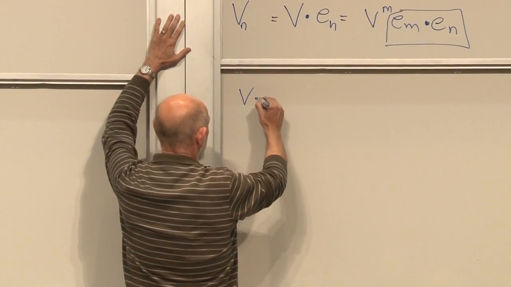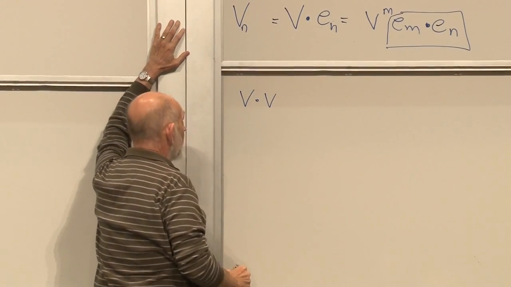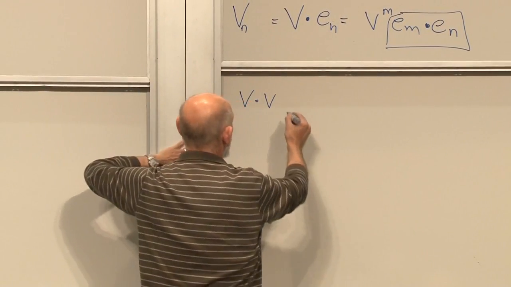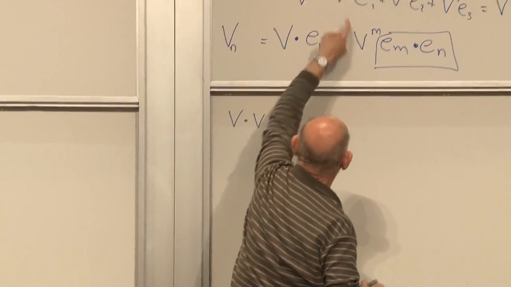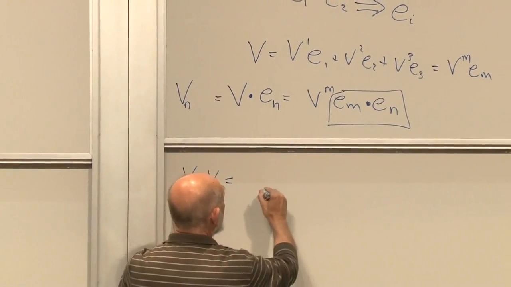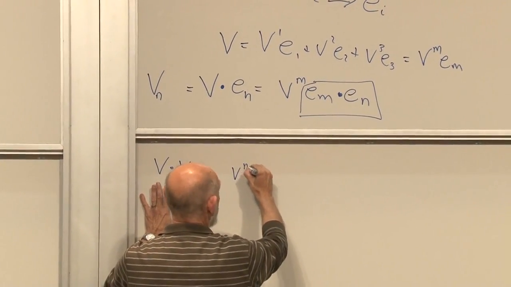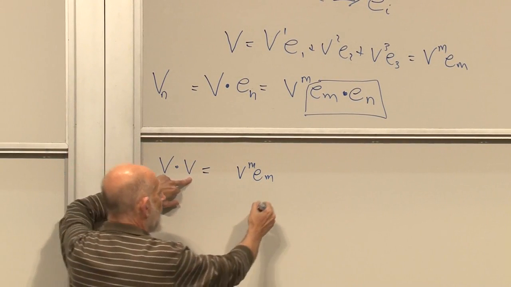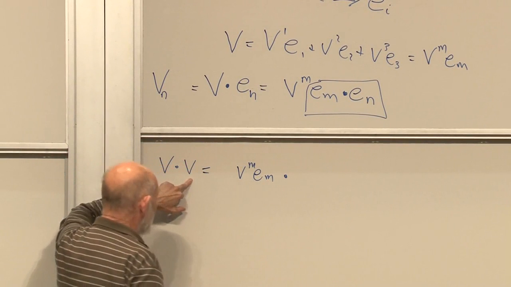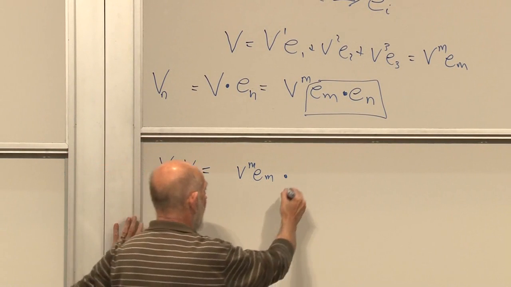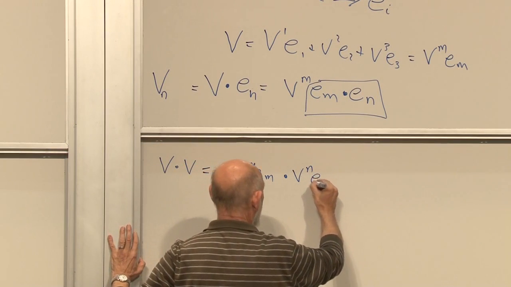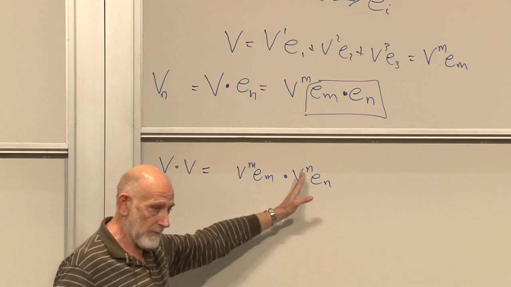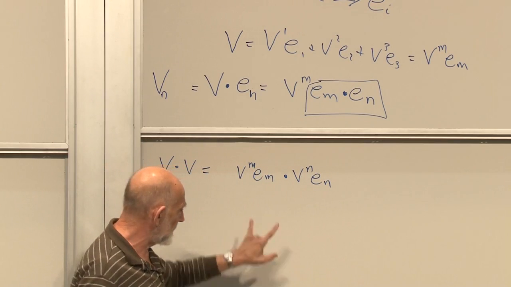It's V dot V. From here, we can write that the first V is V^m E_m. All right, that's the first V. But then let's take its dot product with the second V. The second V is V^n E_n. I have to use a different index for this summation than for this summation. I mustn't mix up the summation indices.